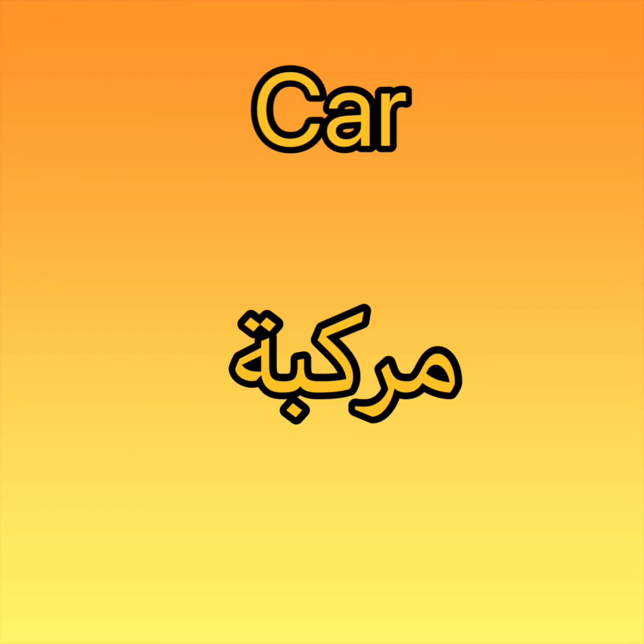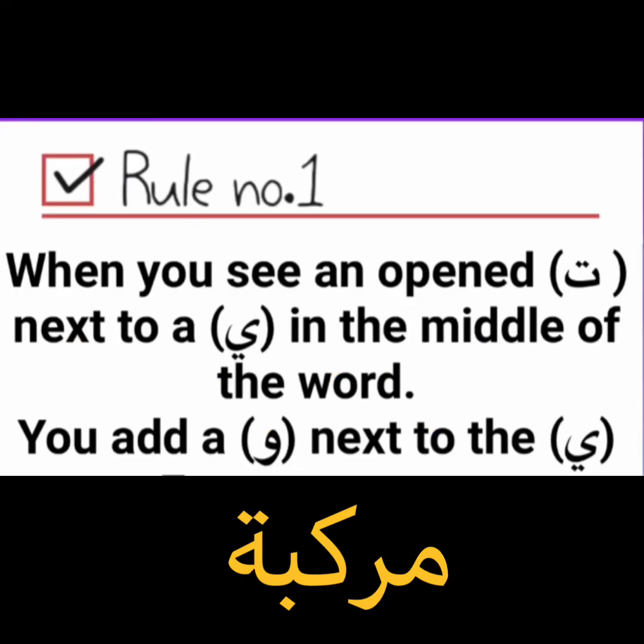Let's solve this together. Rule number 1. When you see تاء مفتوحة next to a ياء, do we even see a تاء مفتوحة in this word? No, we don't. Meaning that this rule wouldn't be applied over here.